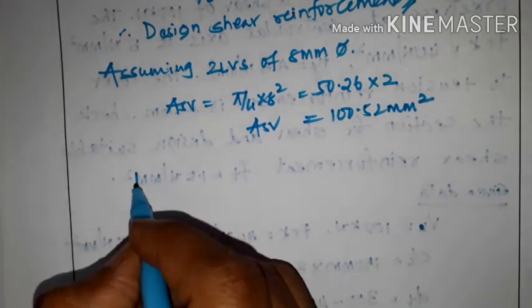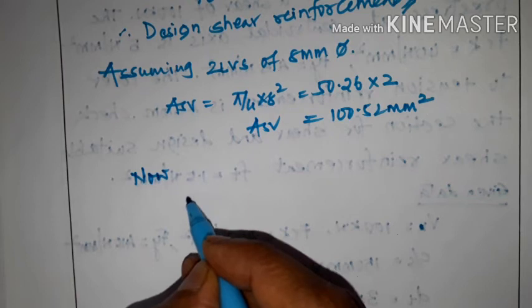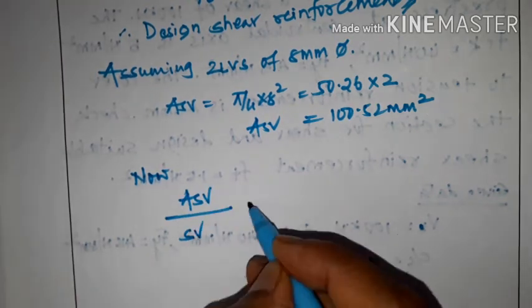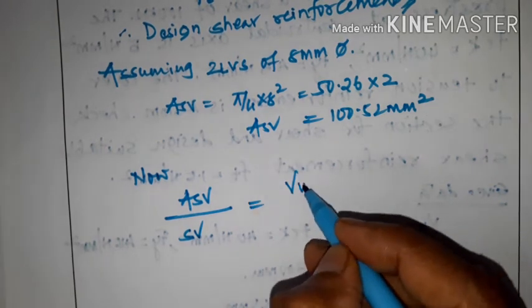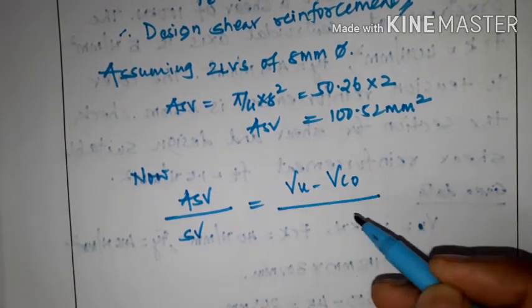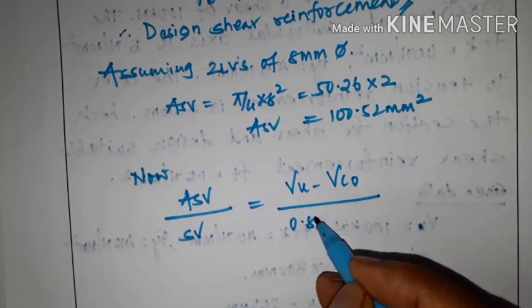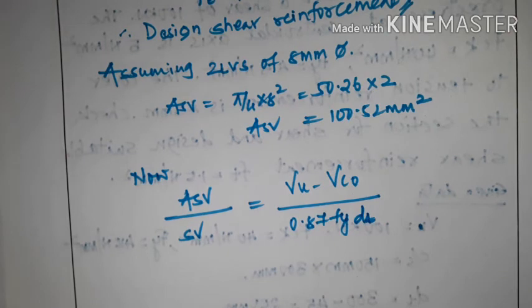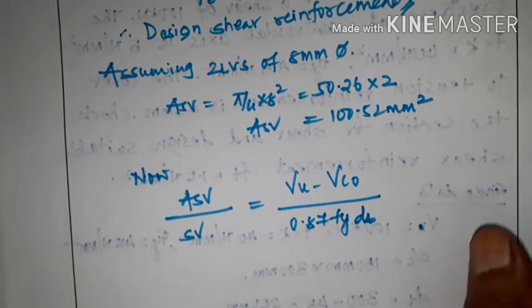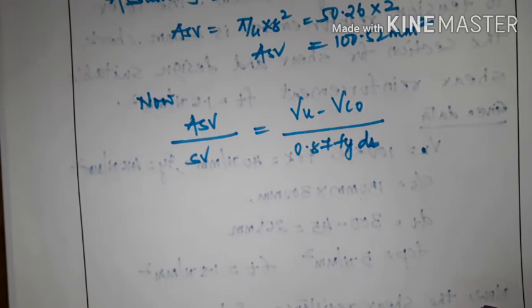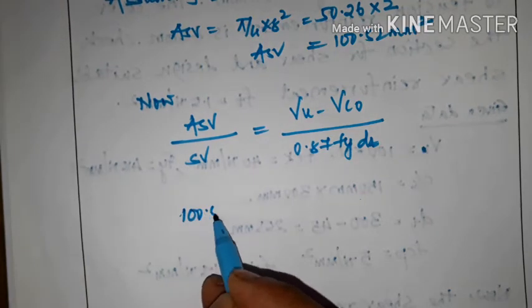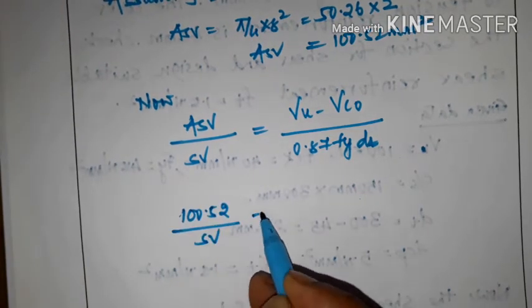So now by using ASV divided by SV is equal to VU minus VCO divided by 0.87 Fy dt. By using this equation we have to find out the spacing SV. Okay, spacing SV. So ASV is 100.52 divided by SV.